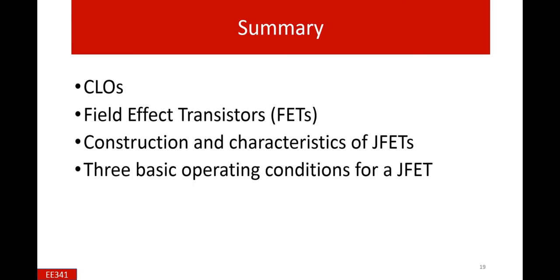In this lecture we just discussed the characteristics and operating conditions of N-channel JFETs. N-channel JFETs are the more used part; people usually use N channel instead of P channel.